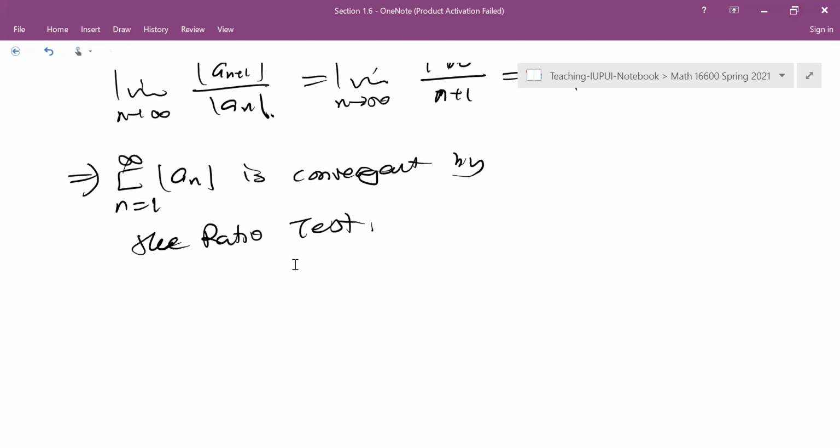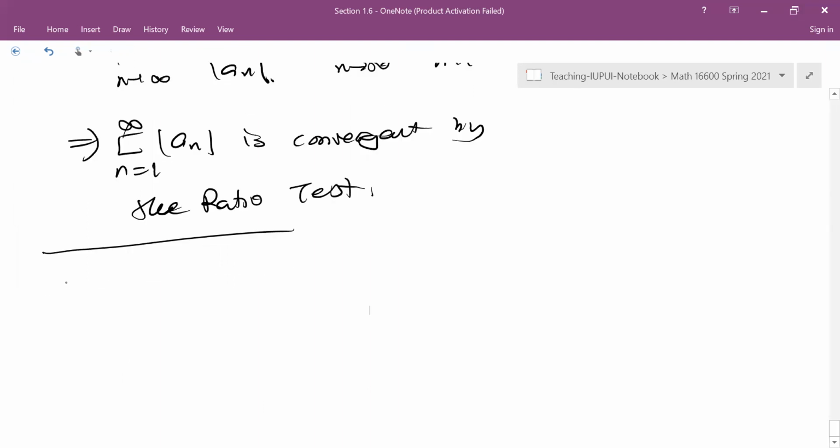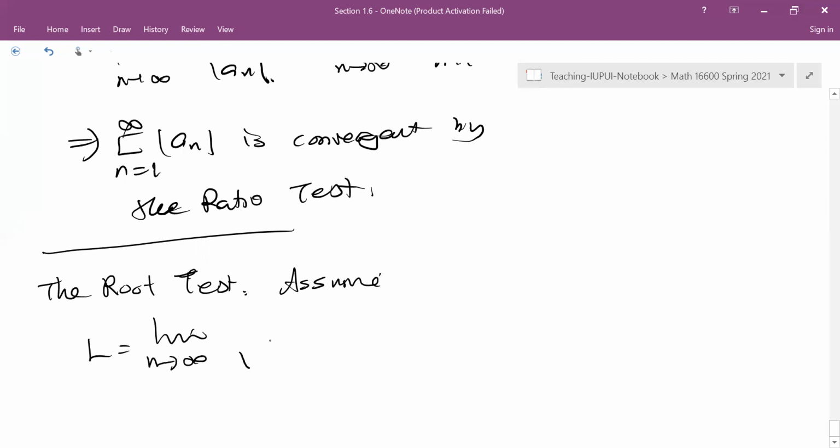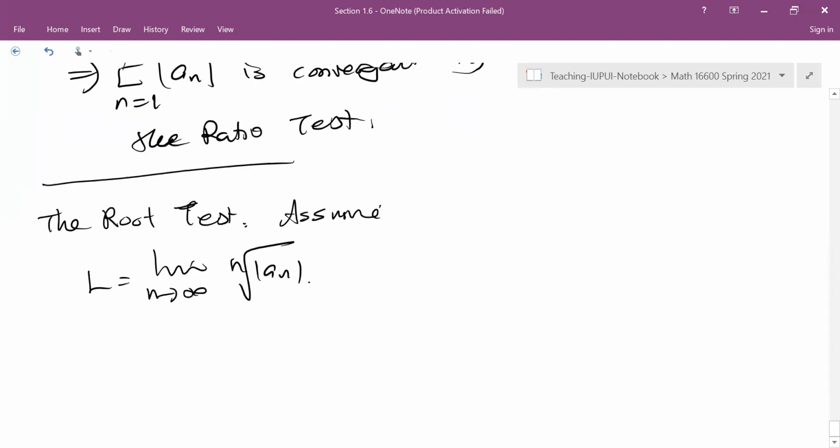Another important test is called the root test. It's very similar to the ratio test ideas. So you assume that the limit L of the nth root exists.